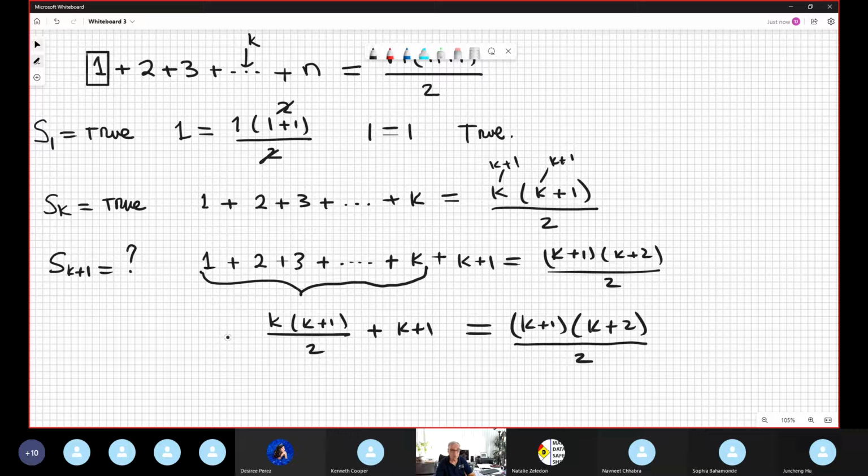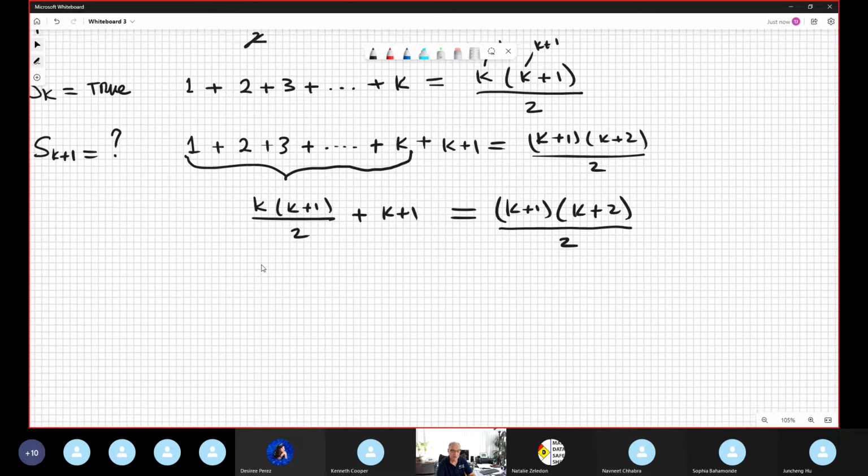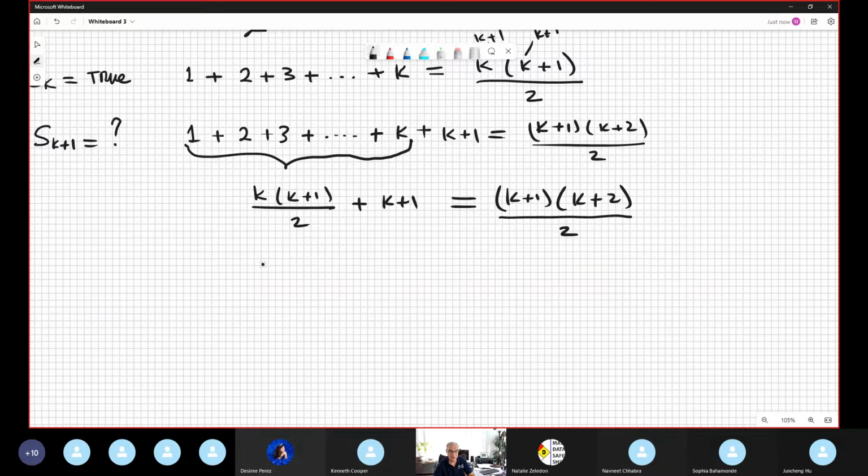Okay, now it's relatively easy. You find the least common denominator to condense these two guys into one only fraction. LCD is 2. You have k times k plus 1, and you have 2 times k plus 1. Make sense, right? And temporarily you ignore this right hand side.